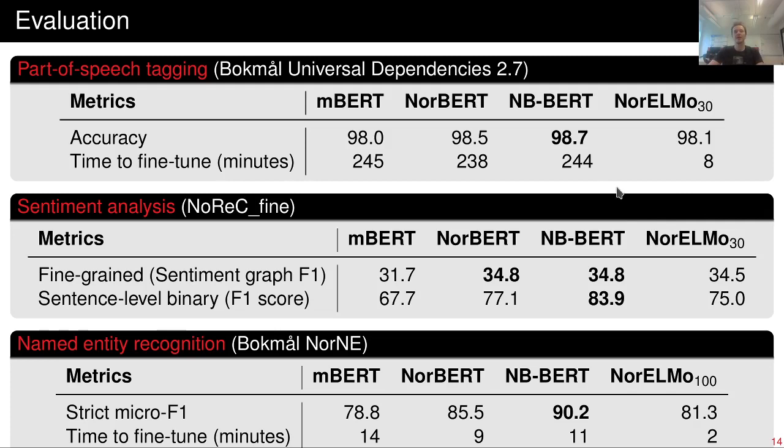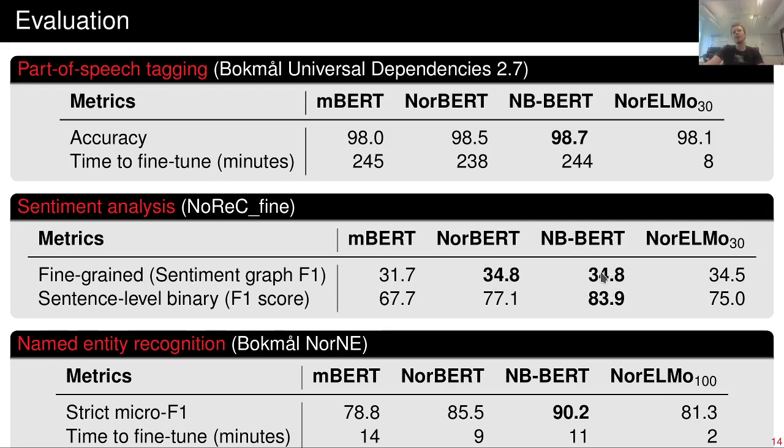In some tasks, like part of speech tagging and named entity recognition, the NB-BERT by the National Library outperforms our NorBERT, even if marginally. But in some tasks, for example in fine-grained sentiment analysis, they are completely on par with each other.